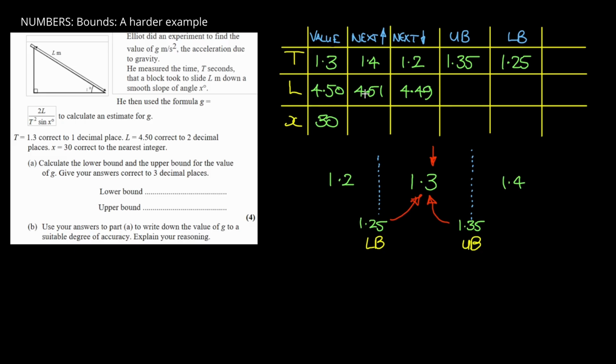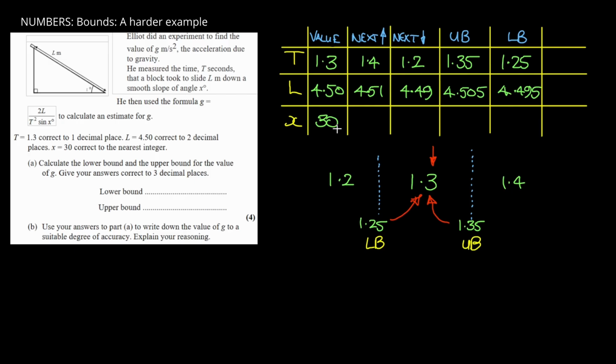Again, the upper bound will be halfway between these two numbers, which will be 4.505. And the lower bound will be halfway between these two numbers, which is 4.495. Do you notice how the upper and lower bounds add an extra decimal place to the answer?